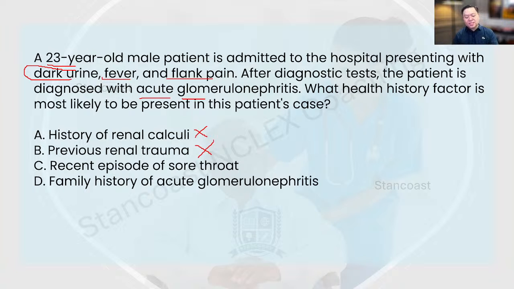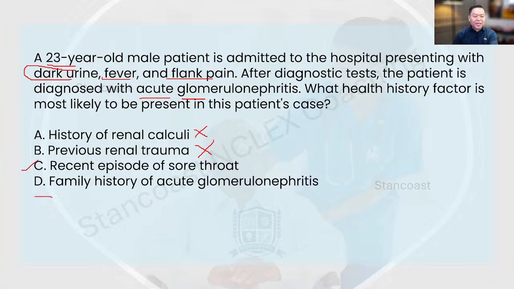At this point, the immune system reacts to the infection, and again this will cause that complex. The antibody will form a complex together with the antigen, and this will load up into the glomerulus and can cause inflammation in the glomeruli. So, possibly the correct answer. Now let's go through letter D.